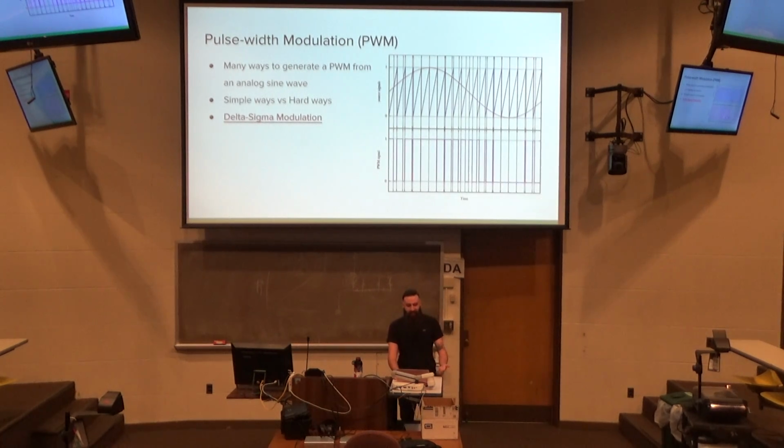Okay, right now I'm going to show you two ways to get a waveform from a pulse width modulated waveform. You have a digital pulse width modulated waveform and an analog pulse width modulated waveform. The difference between those two is that one is at a set voltage. Let's say line level is 2 volts.